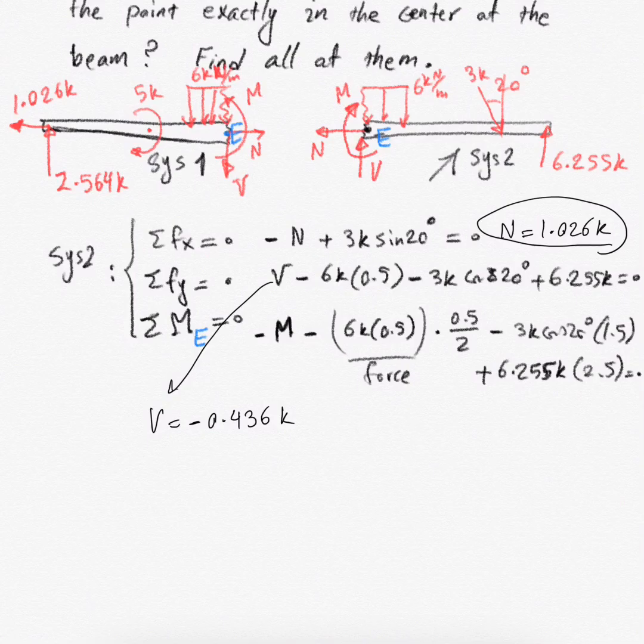Finally your moment becomes negative 6 times 0.5 times half, with a negative sign, negative 3 times cosine 20 times 1.5, plus 6.255 times 2.5.